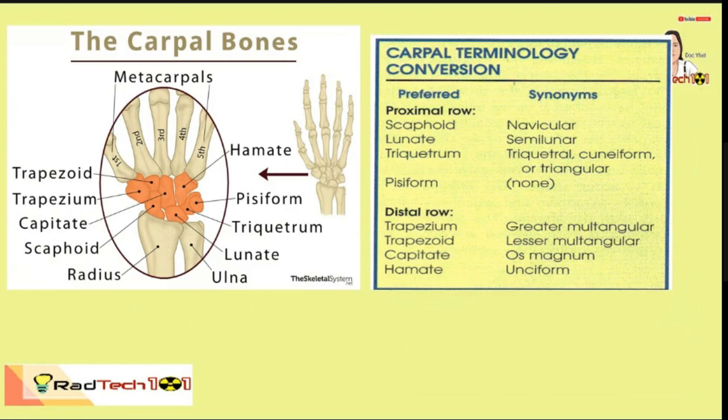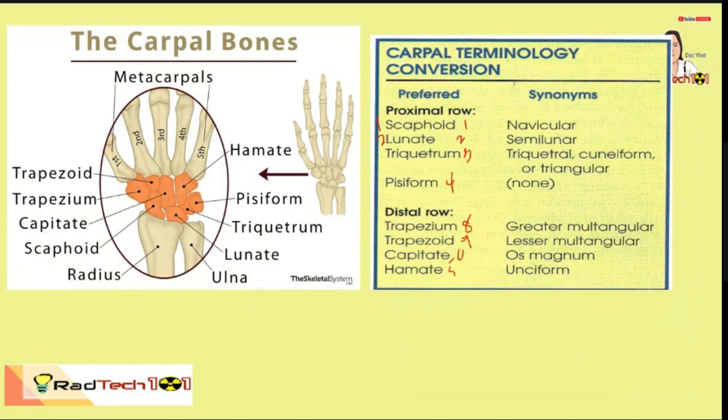Then sa distal, we have also 4. Actually, dito tayo dapat mag 6. I'll erase the numbering. I'll make it clear. So we have 1, 2, 3, 4, then we have 5, 6, 7, 8.